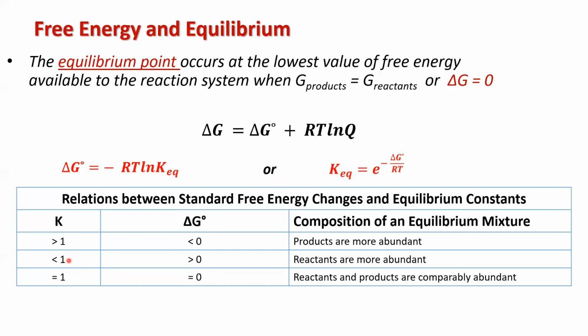We don't have much product, which means the forward reaction is non-spontaneous, or delta G would be a positive value. And if K were to equal 1, delta G would equal 0, and reactants and products are comparatively abundant.